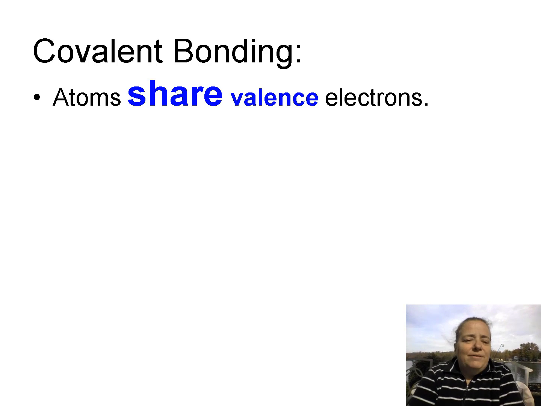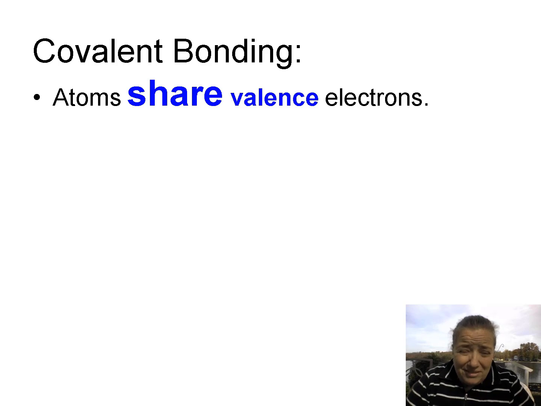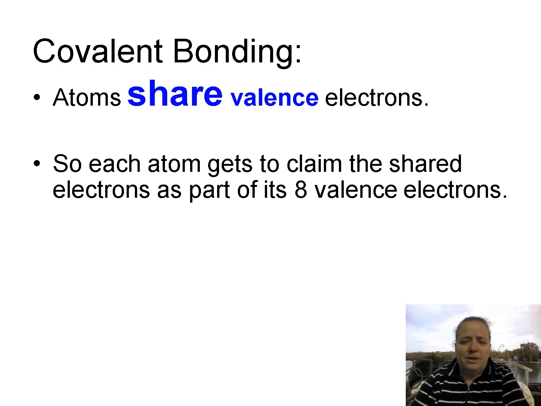Okay, so you have 2 atoms and they're side by side and there's electrons in between. So think Venn diagram type thing. Some of the electrons are shared and some are not shared between those 2. Whatever is shared, each atom counts. So those shared electrons get counted twice as far as valence electrons and stability goes.